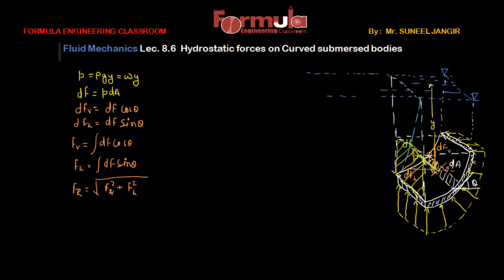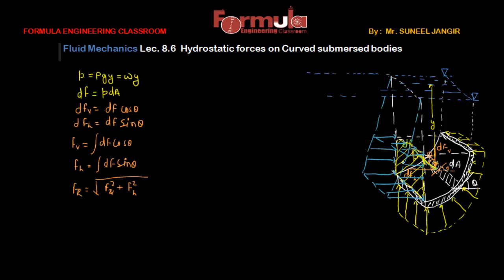This is the pressure intensity over this projected area, and this is the pressure intensity over this one. So we can easily calculate the pressure force or hydrostatic force on this projected area. This is the distribution of pressure over this rectangular projected area.